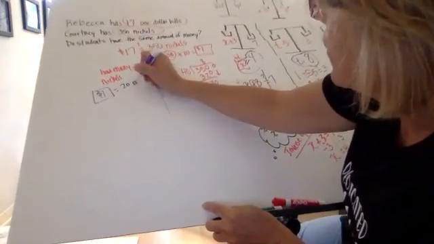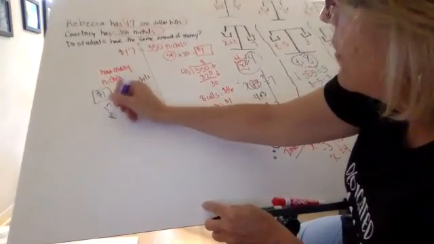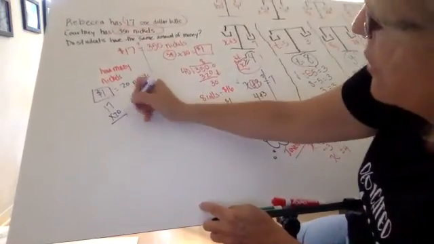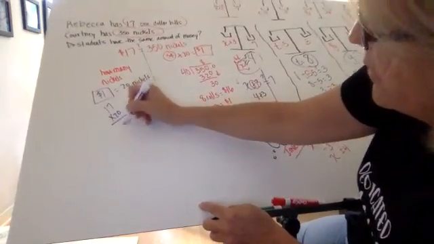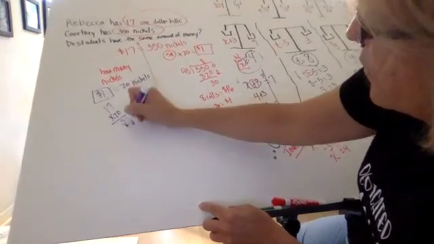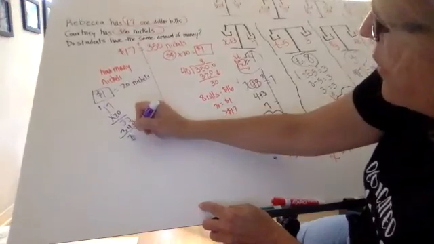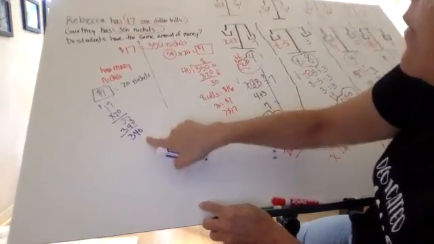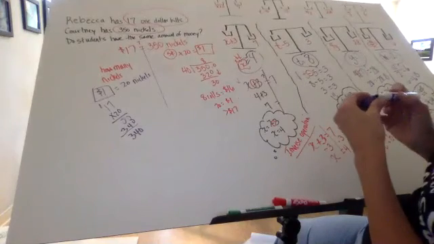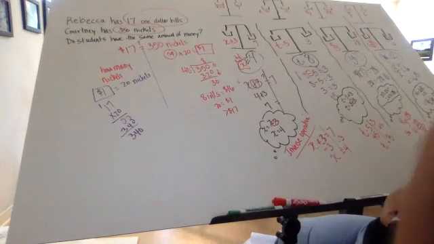So 17 times 20 will tell me how many nickels I have. 0, 0, and then we're going to put a 0 here. 7, 14, carrying my 1, 2, 3. So 340 nickels. I only have 340 nickels, and you have 350. I like your thinking. It was more fun, but I couldn't think that way, so I had to go this way.